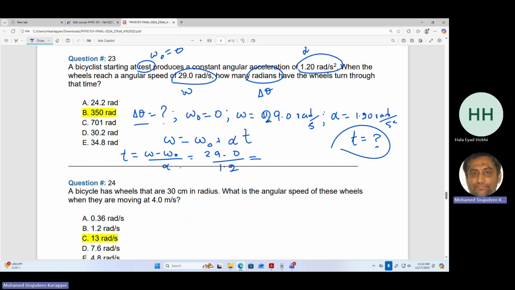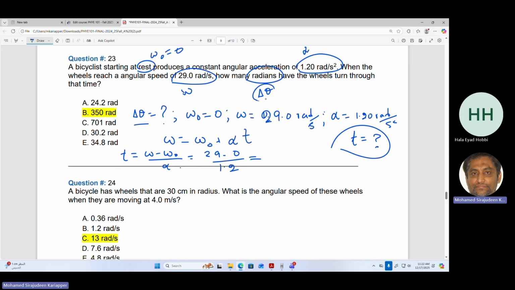What did I do wrong? 29, 2 multiplied by acceleration. What did I do wrong? Bicyclist, angular acceleration of that, we reach an angular speed of 29. No. Oh, the question is not the time.